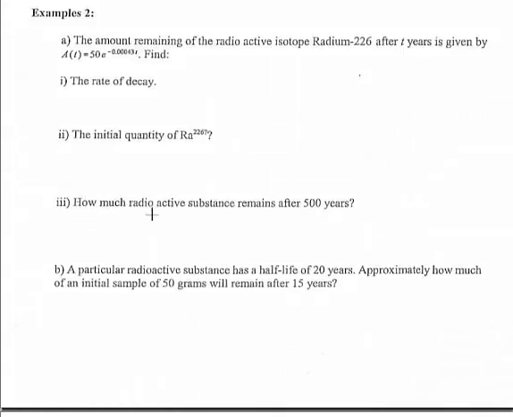Question 3 says, how much radioactive substance remains after 500 years? In other words, what we want to calculate is A of 500. We want to take this function and replace t with 500.